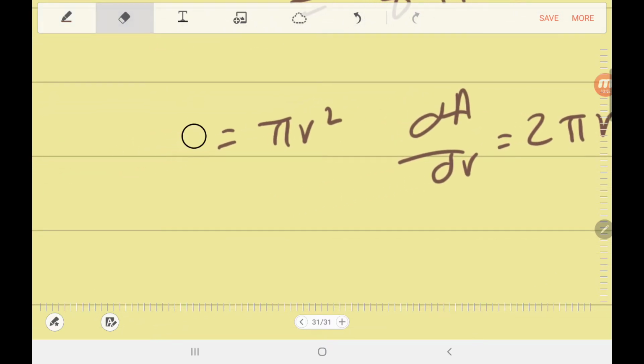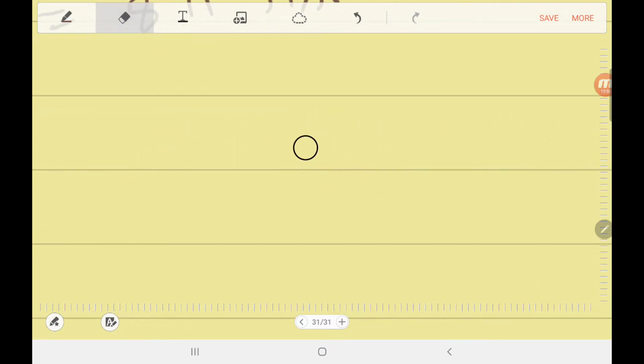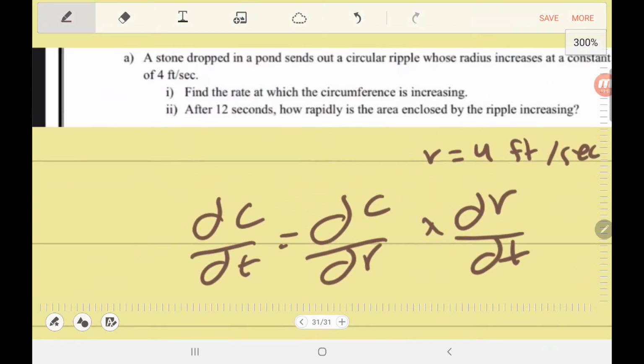Actually, we don't want to make it the rates of change. Maybe we can do it another way. If I have 4 feet per second, after 12 seconds, how many feet will the radius be?